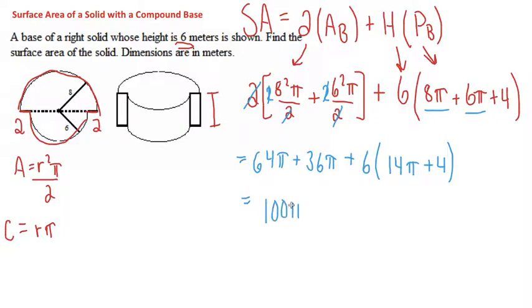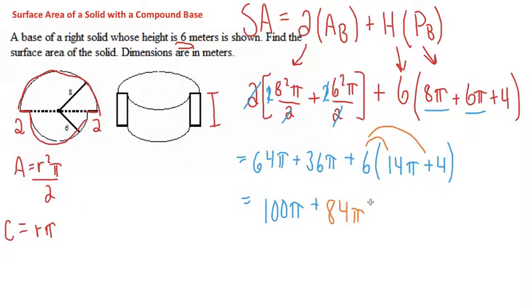I have 100 pi plus, now I'm going to have to use the distributive property here. So I'm going to take the 6 and multiply it not only by the sum of these 2 arc lengths, or these 2 parts of the circumference, but also by the 4. So 6 times 14 gives me 84 pi.